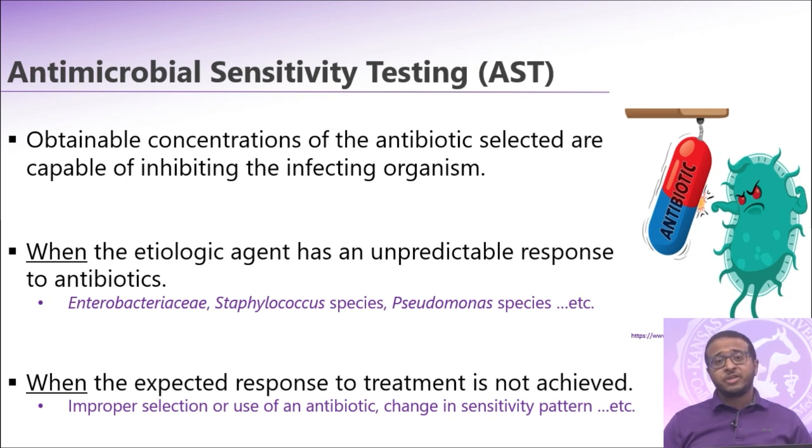Some of the reasons that would happen could be improper selection of an antibiotic, or improper use of it, whether the dose or the frequency was not correct, or a change in the sensitivity pattern of this bacterial organism that we're dealing with, whether they acquire antimicrobial resistance from the environment they live in, or they actually mutate and become more pathogenic.